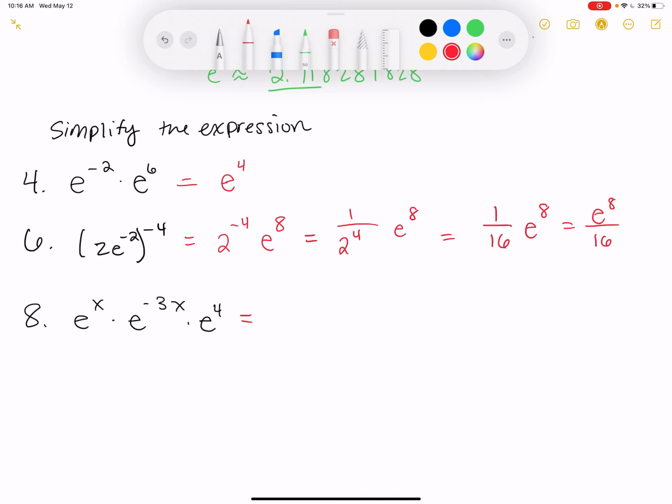So e to the negative 2 times e to the 4th, and then you put e on the bottom. Oh wait, 2x. Hold on, don't do that yet. I have the same base, so I can add these together. Oh, cool. So it's going to be e to the negative 2x plus 4. And then we leave it there.